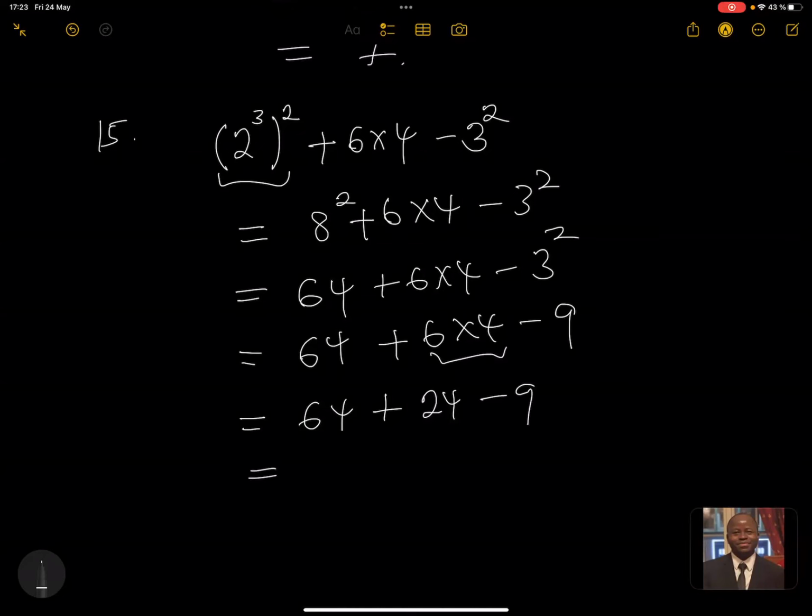Then you add 64 plus 24, that gives 88 minus 9. Remember, addition and subtraction are at the same level. What you deal with is the one that comes first, right?